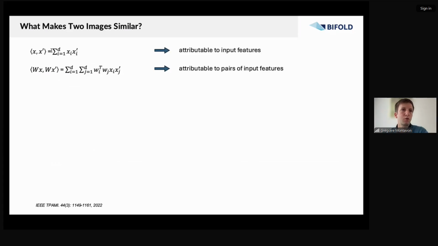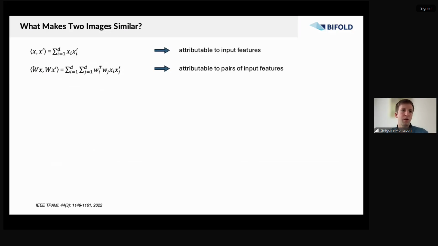Now, this dot product, we can write it as a sum over all the input dimensions. And then you see that this decomposes as this sum of x_i times x_i prime, so basically the product of the individual features of the two images. And from there, it's very easy to identify an explanation, which is basically this term, this product, is the contribution of feature i to the whole similarity score.